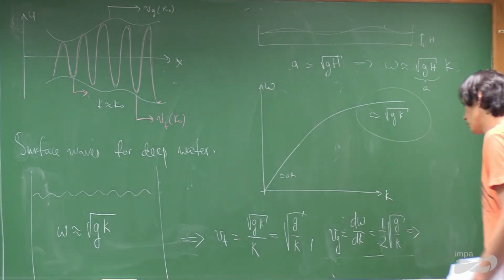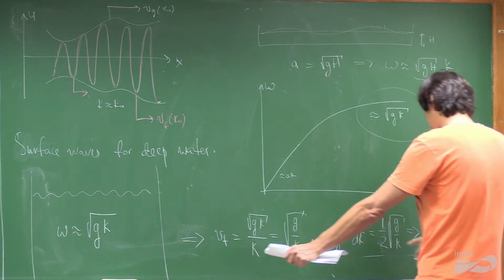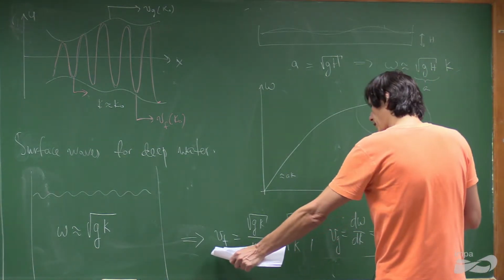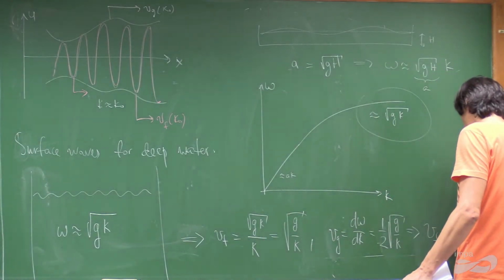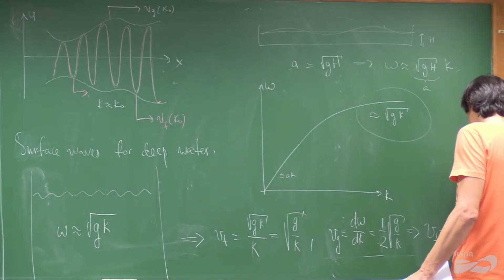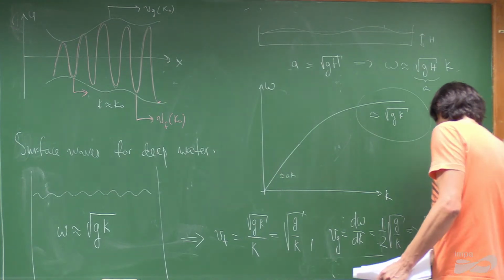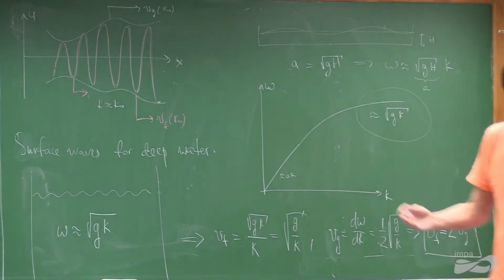So what is the important consequence is that phase speed is twice bigger than the group speed.